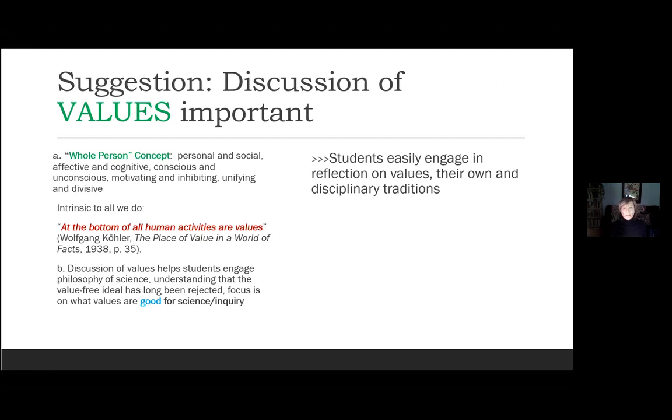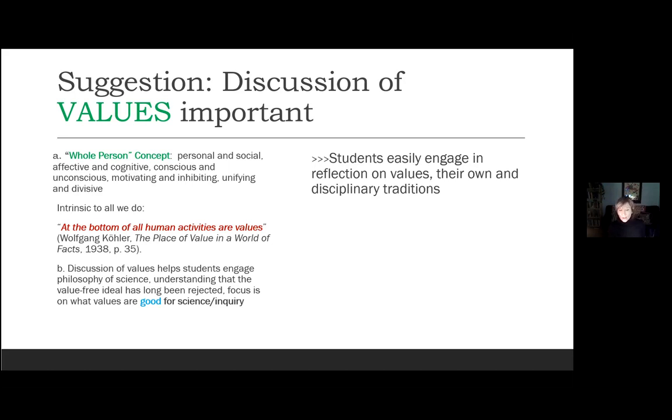And in my personal experience, I've found that students can more easily engage in reflection on their own values, their moral values, the values with which they were raised, for example, and they're able to engage in some reflection on disciplinary traditions and disciplinary values, comparing their own values with the values of the discipline they are pursuing, for example.